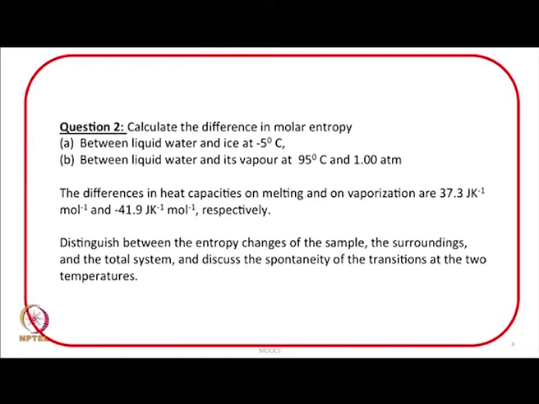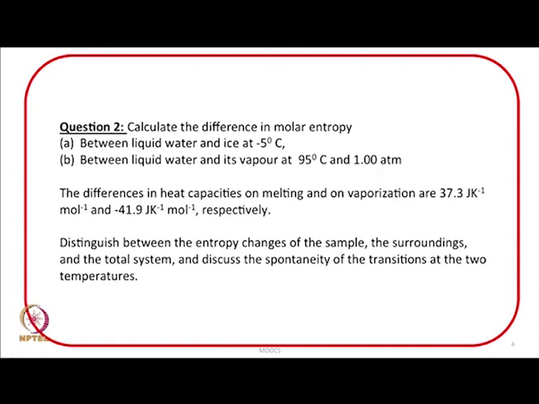The question is, calculate the difference in molar entropy between liquid water and ice at minus 5 degrees Celsius, and part B, between liquid water and its vapor at 95 degrees Celsius and 1 atmosphere.